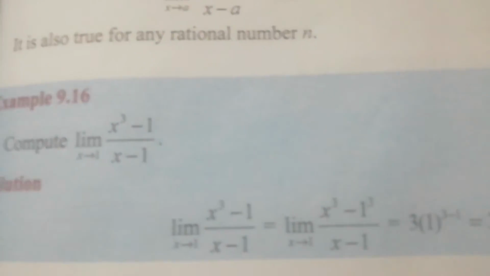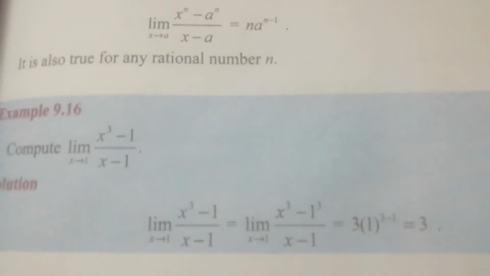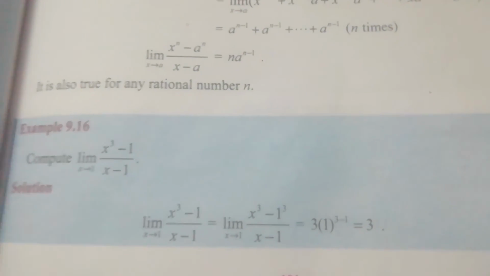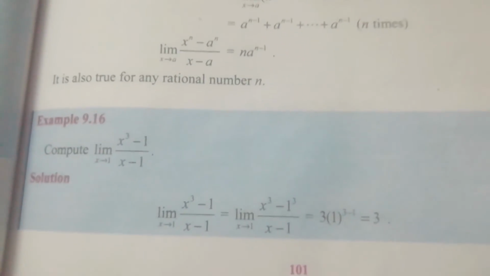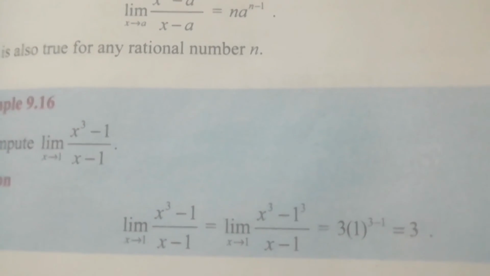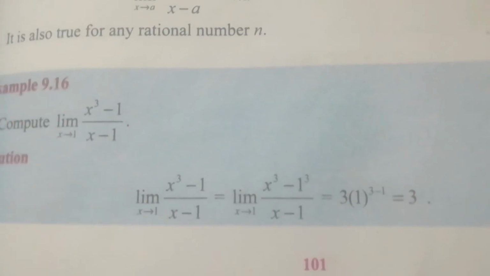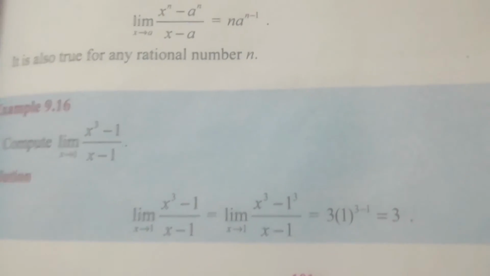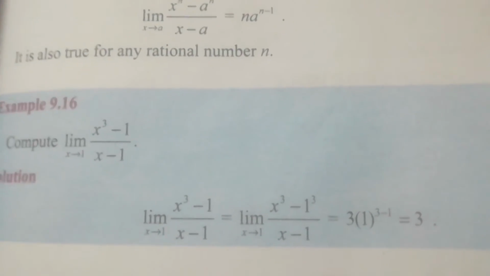This x power 3 minus 1 can be written as x power 3 minus 1 power 3. 1 power 3 means 1 cube, 1 cube is also 1 only. So now it is a form of x power n minus a power n divided by x minus a form. See, instead of n it is 3, instead of a it is 1.